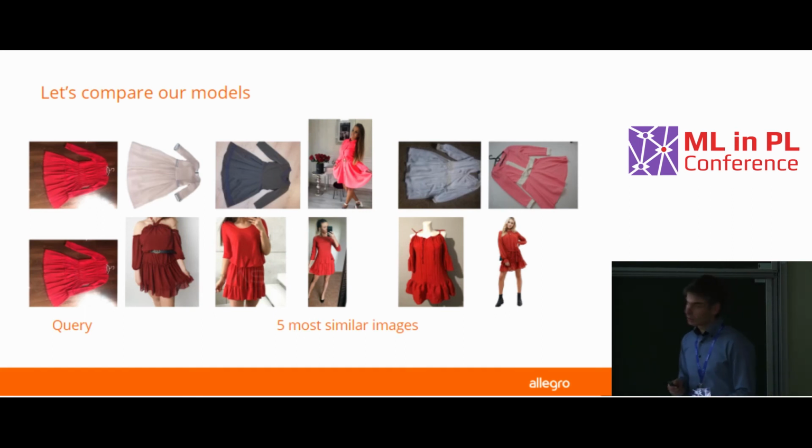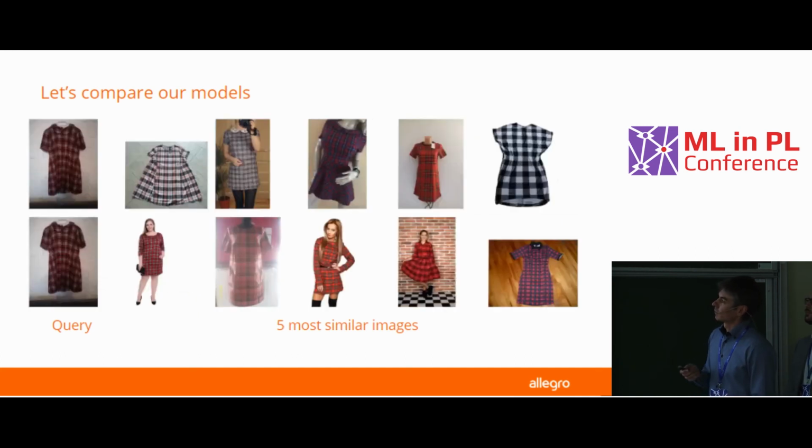But the model is not perfect. The model based on attributes deals pretty well with the overall cut of the dress, and the model based on triplet loss has problems. In the results we have dresses without sleeves or with a different cut than the dress in the query.